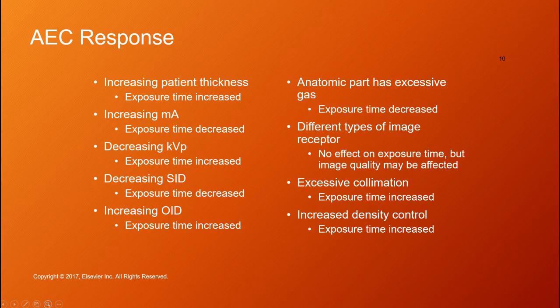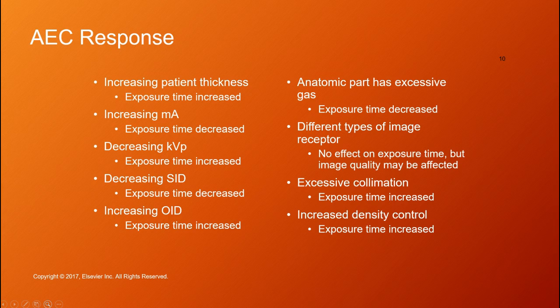Automatically the AEC response, the exposure time, will be increased. If you increase your mA, your exposure time will be decreased. If you decrease your kVp, your exposure time will be increased. If you decrease your SID, your exposure time is decreased. And if you increase your OID, your exposure time is increased, okay?